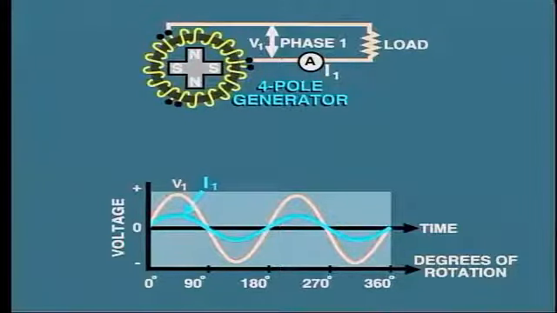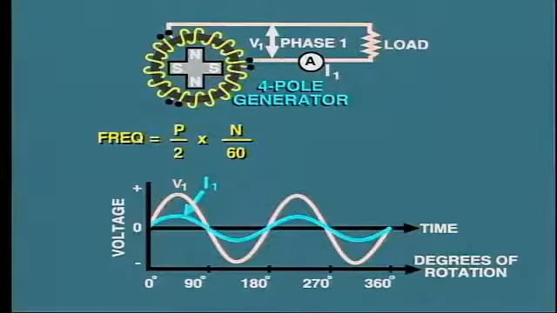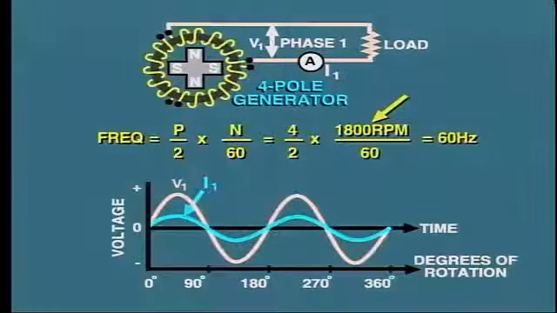This can easily be calculated from the standard expression that says frequency equals P, that is the number of poles over 2, times N, that is revolutions per minute over 60. In this case, the 4-pole machine must run at 1,800 RPM to produce 60 hertz. You can see that the required speed of the generator depends upon the frequency and the number of poles on the rotor.